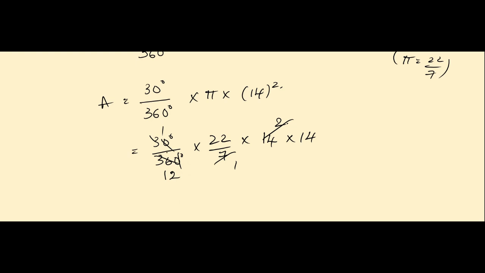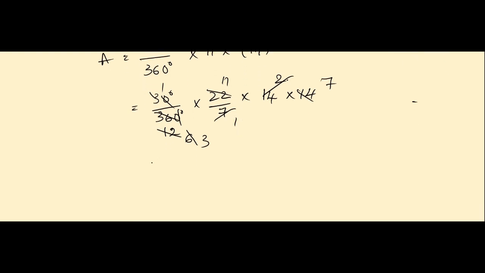Next again we can simplify, correct? 2 sixes are 12, 2 sevens are 14, 2 threes are 6, 2 elevens are 22. So here what will happen? Remaining is 11, and here 2 is present, into 2 into 7 divided by 3.